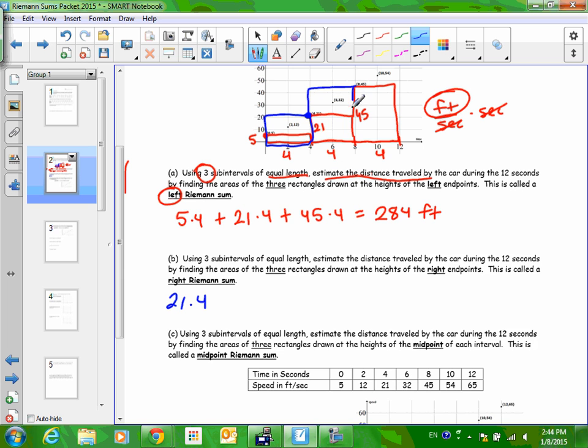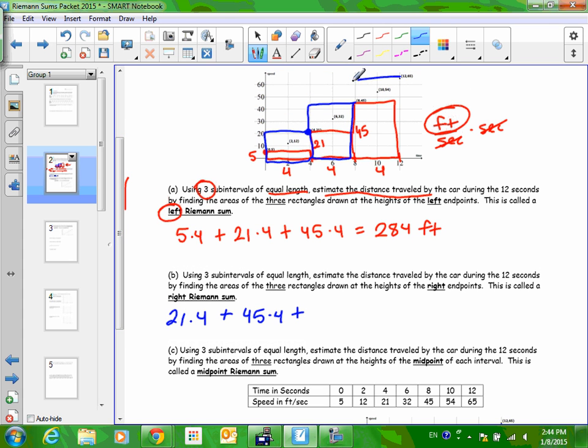Do you see how they're kind of shifting over one? The rectangle that was in the middle is now on the left, and the rectangle that was on the right is now in the middle. So there's a lot of repetition here. So I would add 45 times 4. And then lastly, I need to go up just a little bit, it'd be 65 times 4.